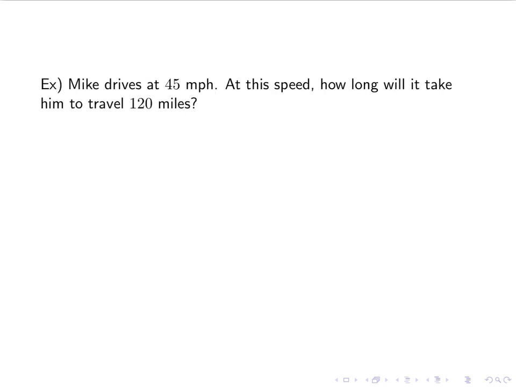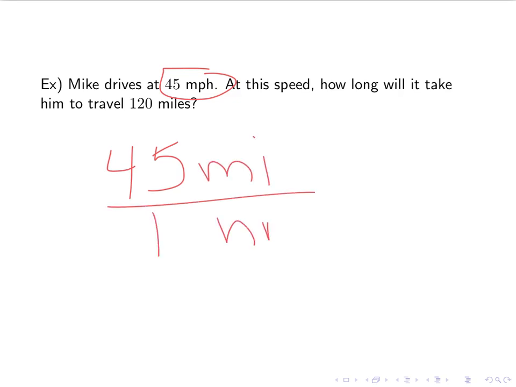Mike drives 45 miles per hour. At this speed, how long will it take him to travel 120 miles? So it only looks like we have 2 numbers here, but in reality we do have 3 because 45 miles per hour is really 45 miles per 1 hour. So it is a rate, it's showing how many miles per 1 hour. So we are looking for time.